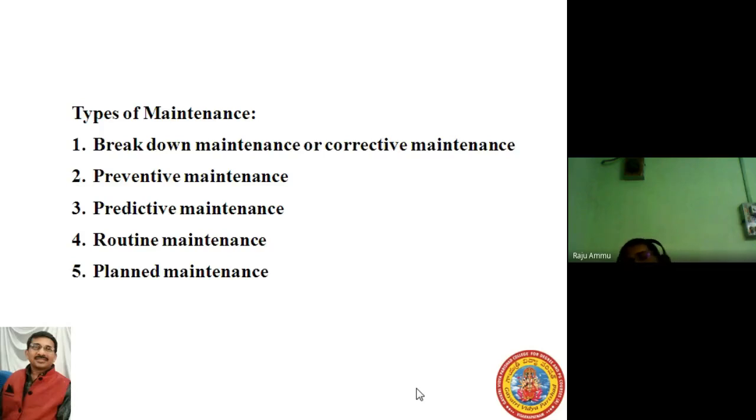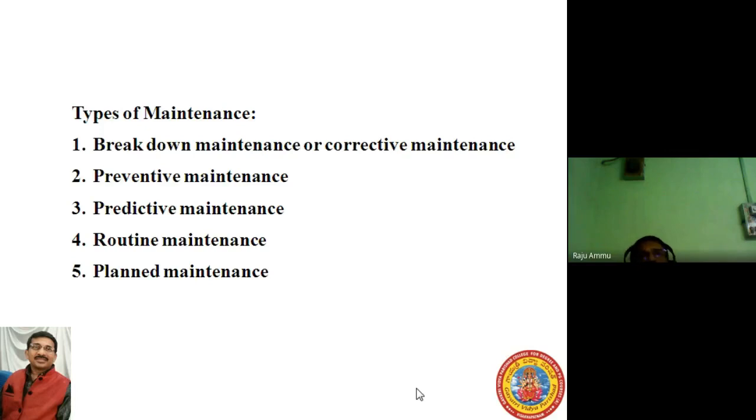So to make it work as it did previously, you will be maintaining it so that it will not go out of order. That is simply routine maintenance. Okay, friends, now what is the last one?